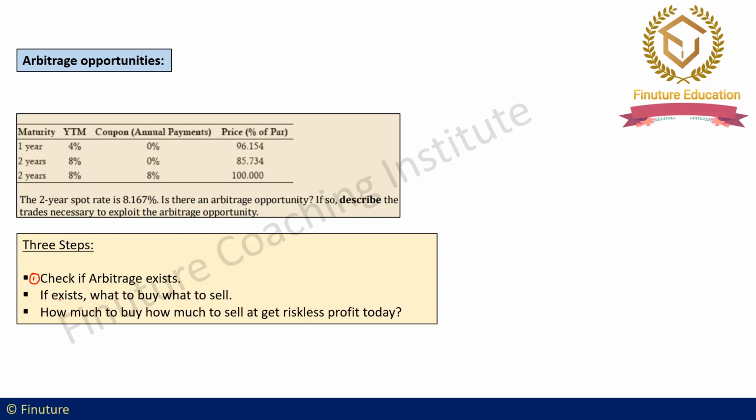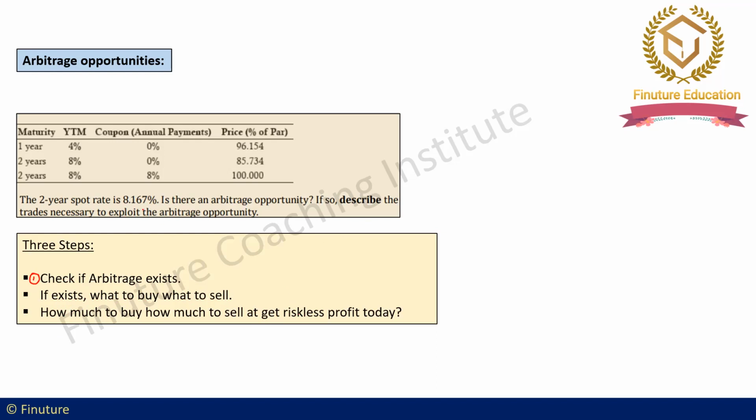And third, how much to buy and how much to sell to get a riskless profit today. So you just build a structure in such a way that you take the benefit of a riskless profit today. So let's see how we do it.